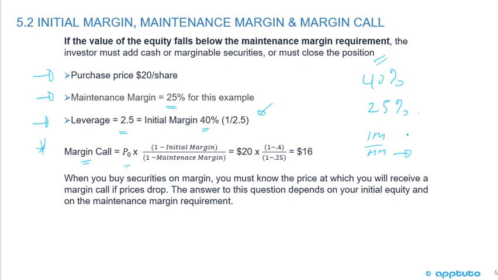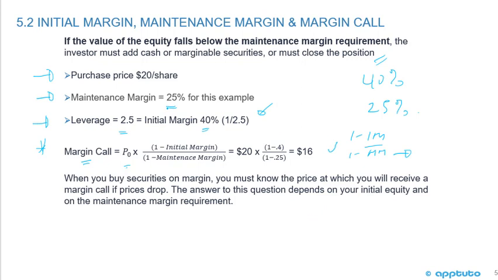So if you had your numerator and denominator reversed, you would have a number that's greater than 1, and your price would be higher. Then obviously you're not going to get a margin call when your price has gone up. So this one is fairly easy to understand: it's just 1 minus IM in the numerator, 1 minus MM in the denominator, okay?